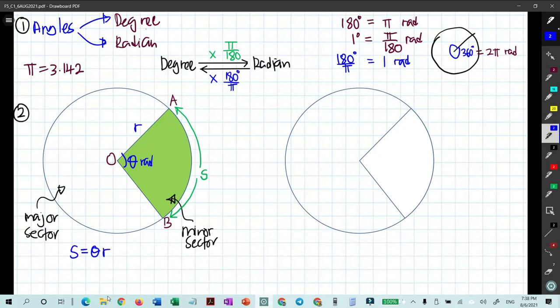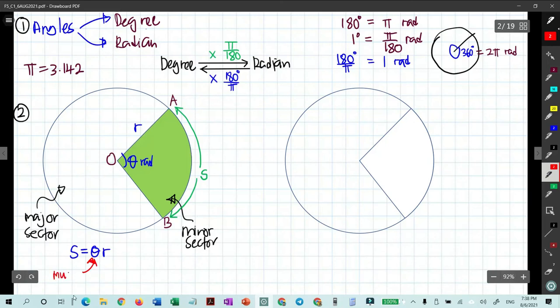So what is theta? Theta is the angle at the center of the sector in the unit of radian. So this value of theta must be in radian. Okay, and r is actually the radius of the circle or the sector. And how about the S? S is actually the arc length.